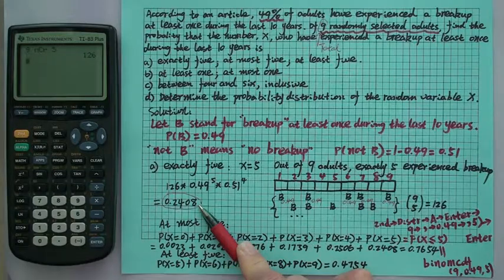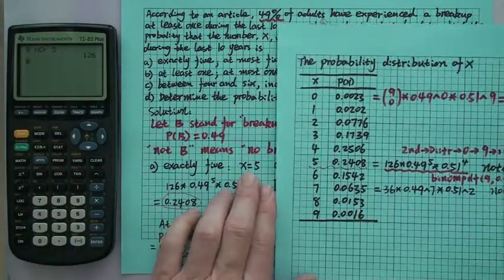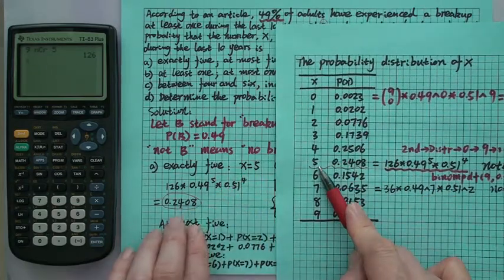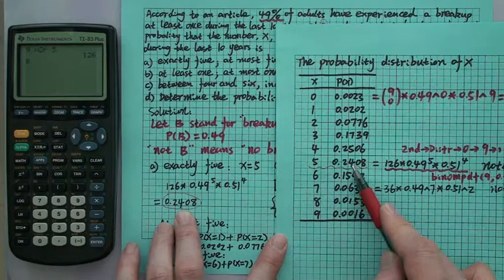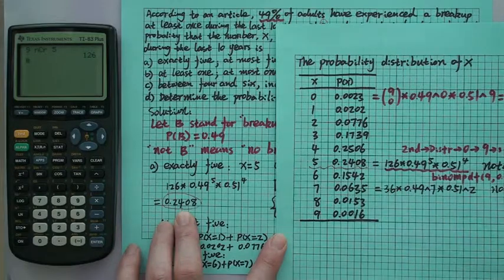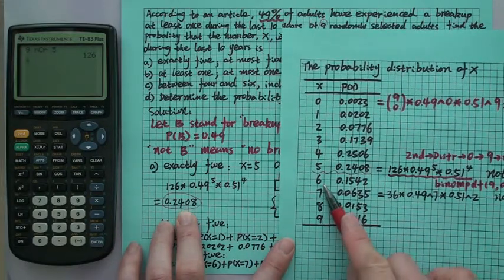Then you can put the values here: x is 5, the corresponding probability is 0.2408. Similarly, you can then do x equals 6.